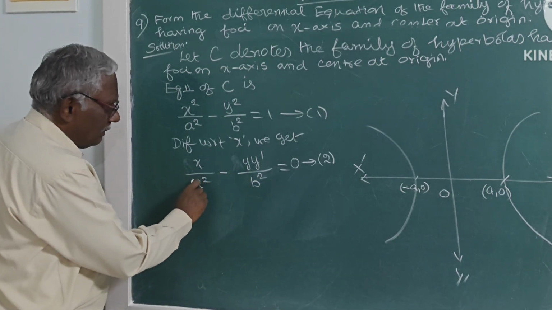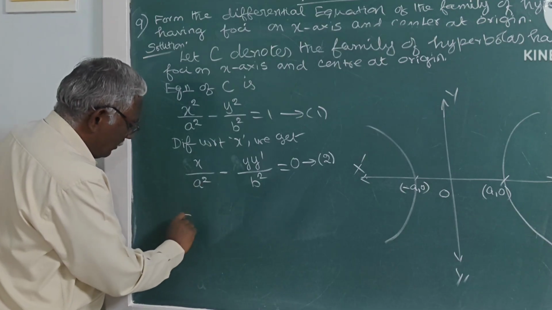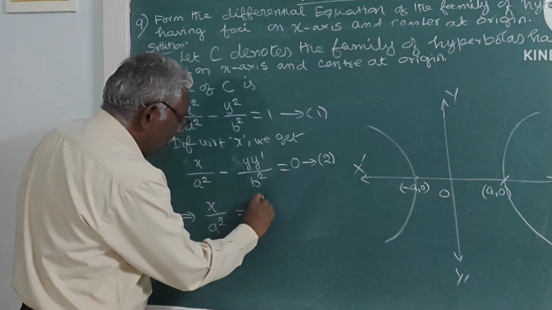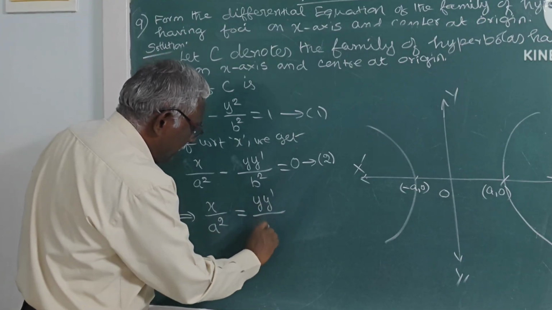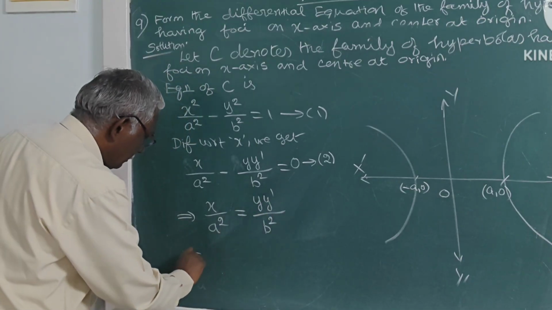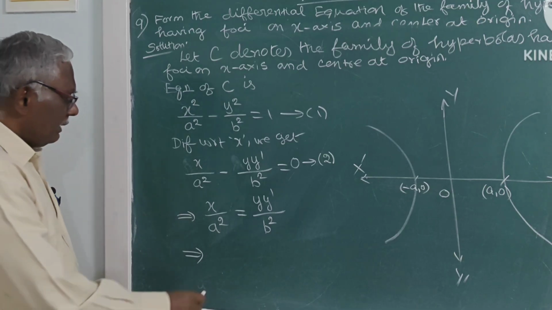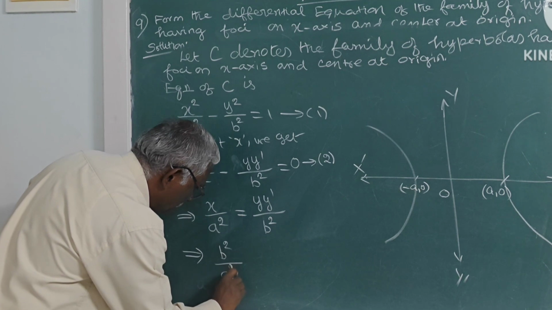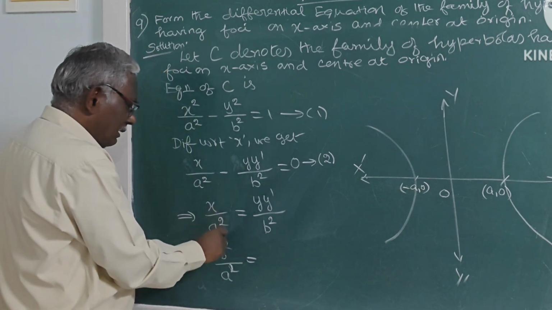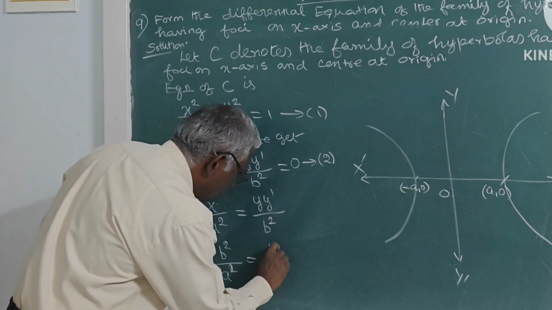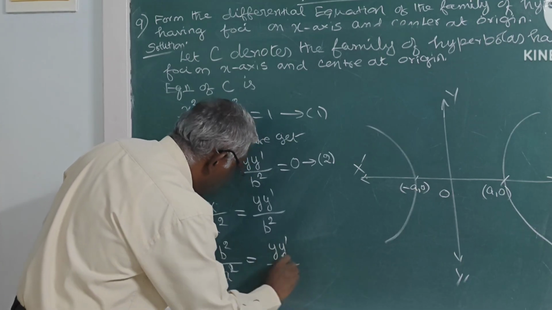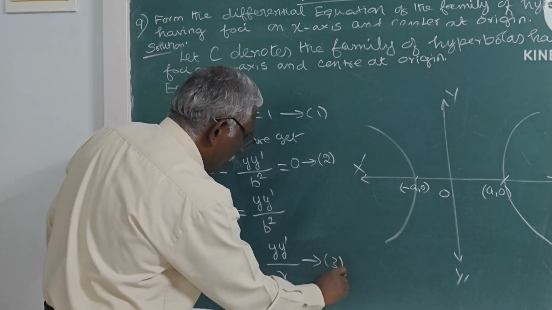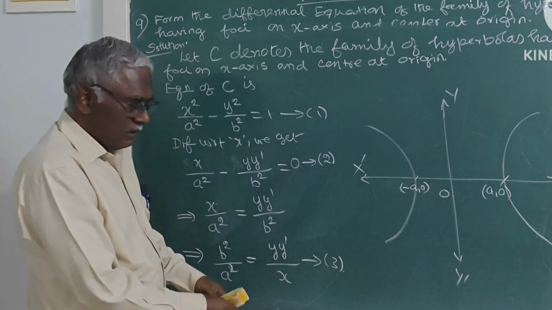So we can write this as x by a square is equal to y dash by b square, I'll write b square by a square, then y dash by x. A square I will take to the right hand side.